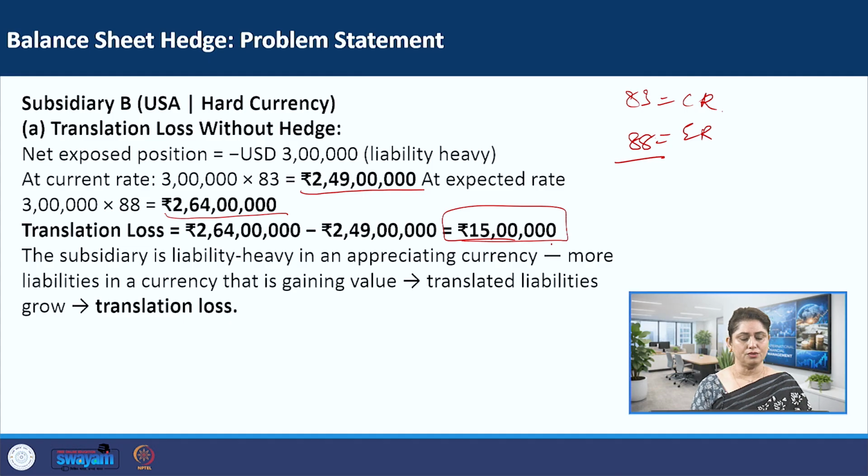Now, what should we do here? The subsidiary is liability heavy and it is in the appreciating currency. So, more liabilities in a currency that is gaining value leads to a translated liability loss. Fine. So, what do we have to do? We have to convert it into a soft currency liability.